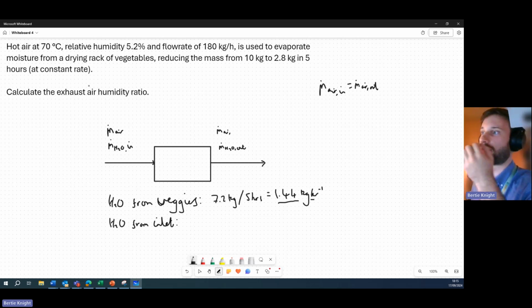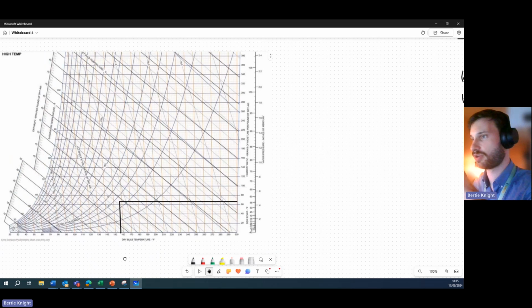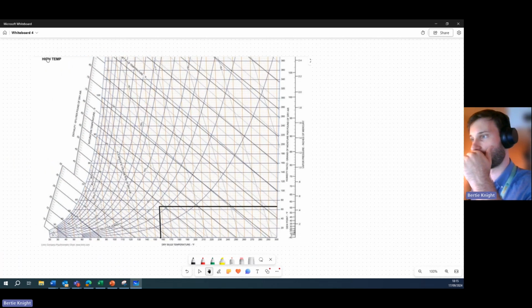It means something else. What describes the proportion of water, or water vapor really, in the air is the humidity ratio. And we can determine the humidity ratio of this hot air using a psychrometric chart, which I've shown here. You'd want a high temperature psychrometric chart. 70 degrees C is equivalent to 158 degrees Fahrenheit.